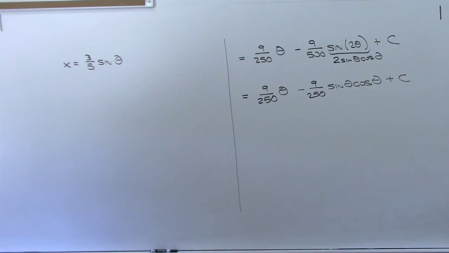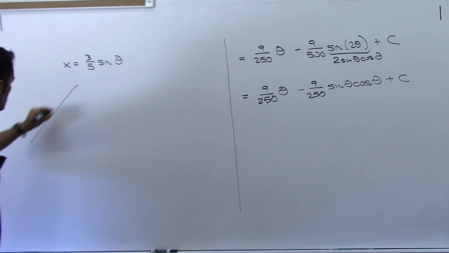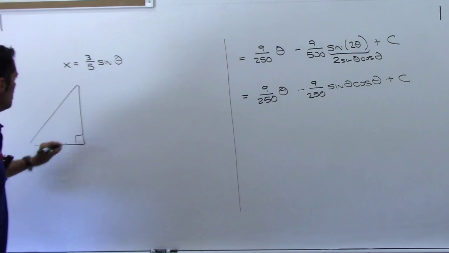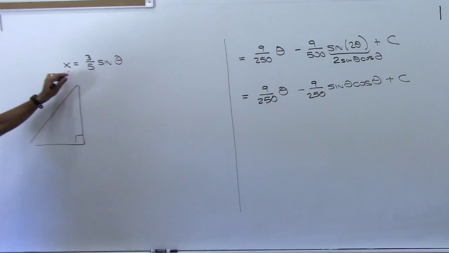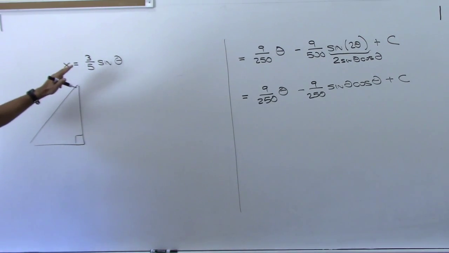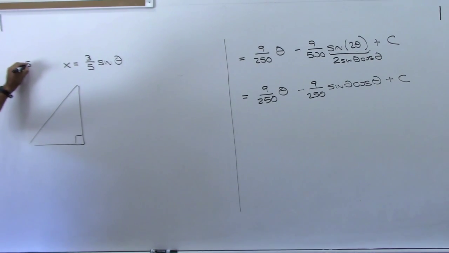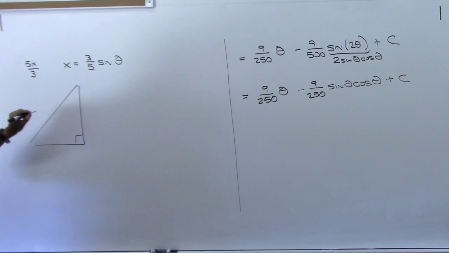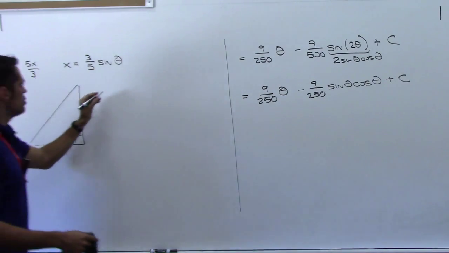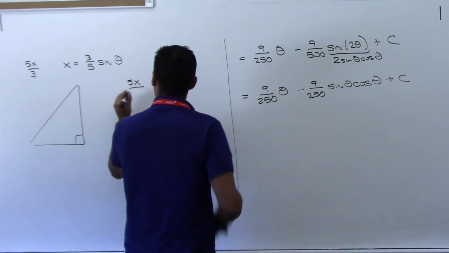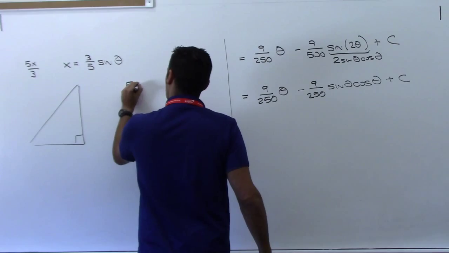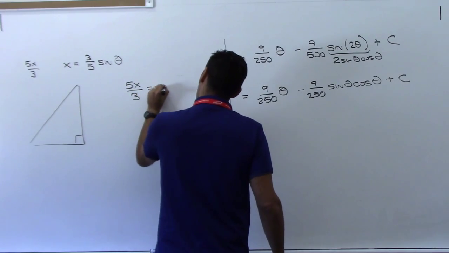So we're going to make a reference triangle out of this, which is going to be a little weird. Because I'm supposed to divide both sides by this number, 3/5, which would be 5 thirds. So multiply both sides by the reciprocal, and it becomes 5x/3, right? That's the way you should probably do it. 5x/3 equals sine theta.